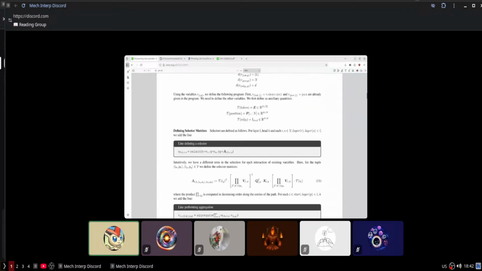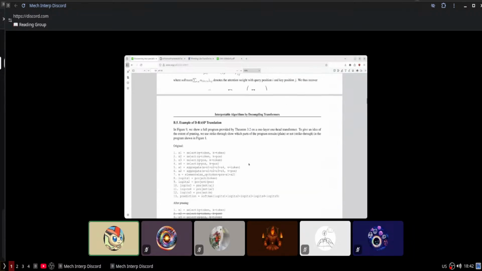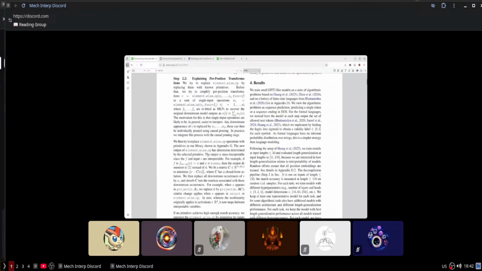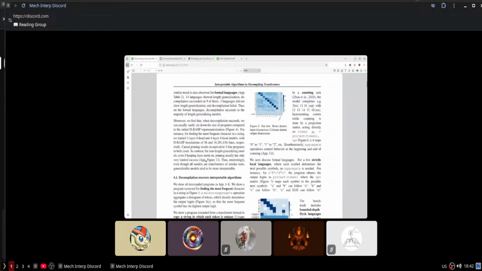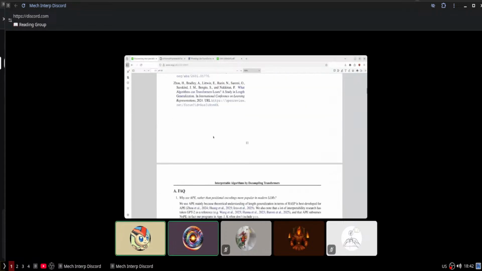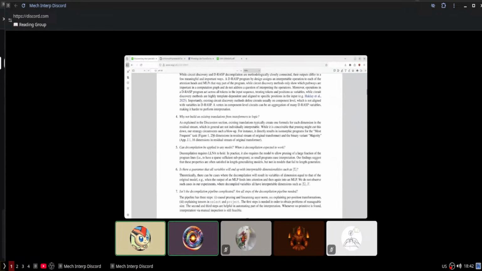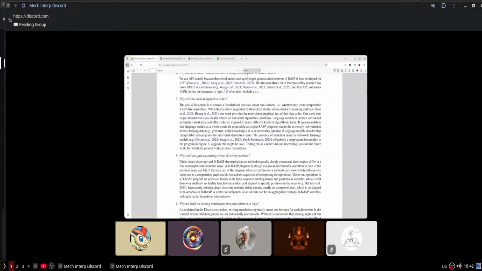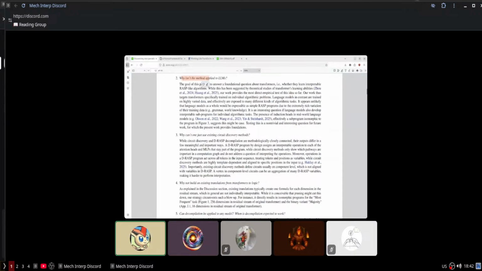I think I didn't understand the reparameterization step. Okay, I'm back. Reparameterization step? Yeah. So I was reading the first questions, which is, why isn't the method operating on LLMs? Just explain a bit here. Yeah, that's a good question.